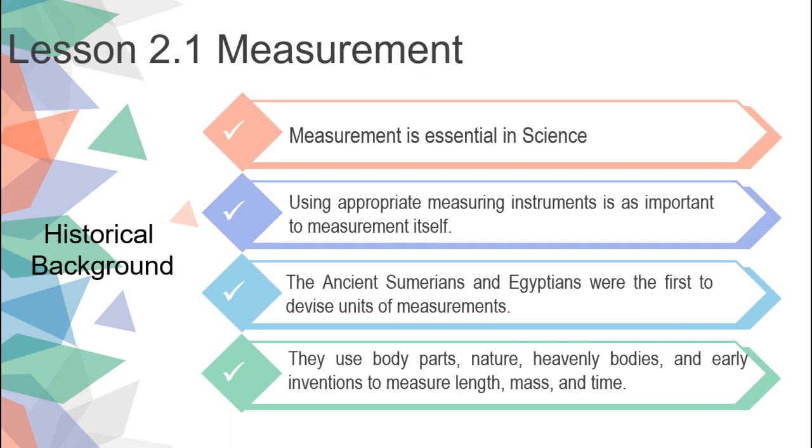It was not as sophisticated as today, but these people proved themselves that they were able to make good use of measurement for their own applications at that certain moment or time.